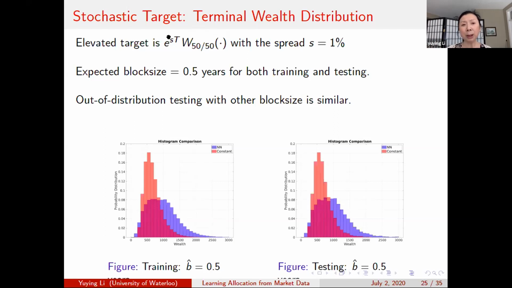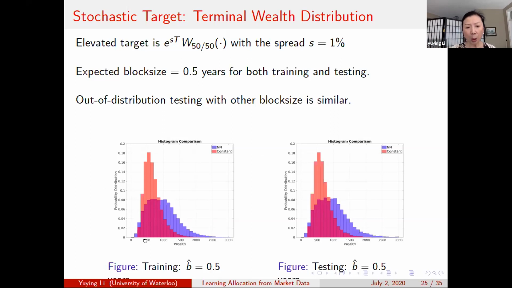I'm going to put this elevated target to be slightly higher, basically 1% spread yearly, right? I'm going to solve the stochastic target optimal strategy training problem using training data with expected block size for half year. And I'll also do out of sample testing using the same expected block size.